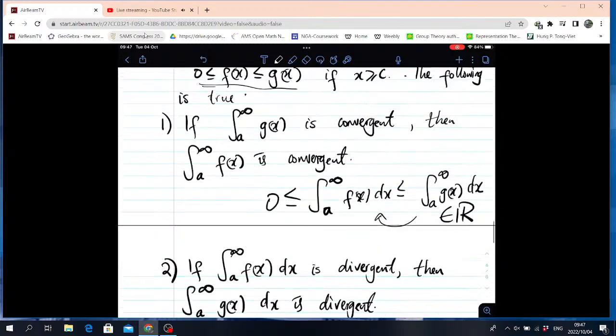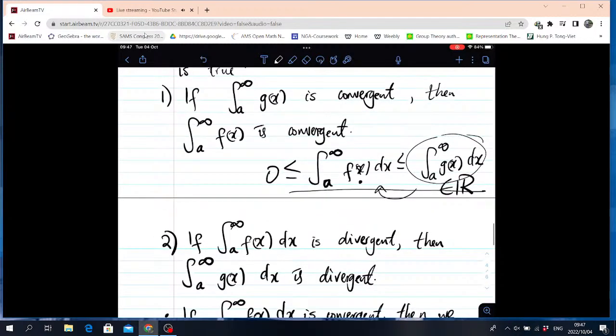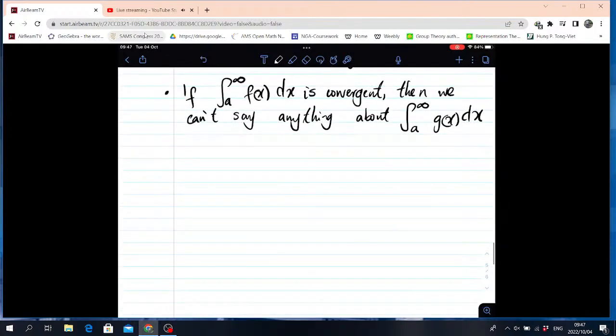So if you've got a scenario like this and you know that this is convergent, then you don't know if this is going to be convergent or divergent. It could be either, right? That's what the statement is saying.